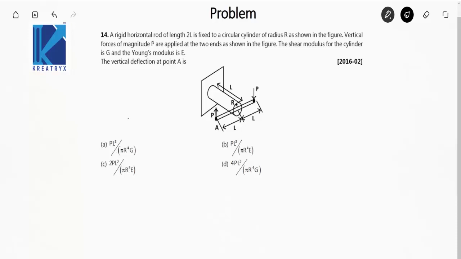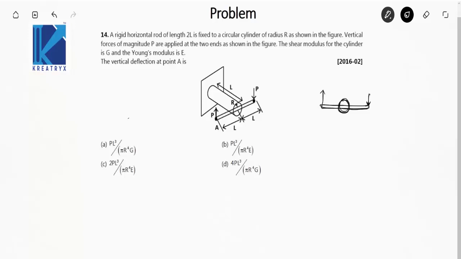Okay, so suppose this is the rod. This is actually the circular cylinder on which it is attached. There's a load P acting in downward direction.